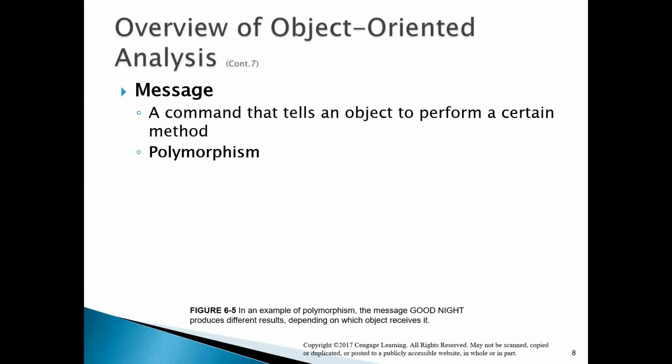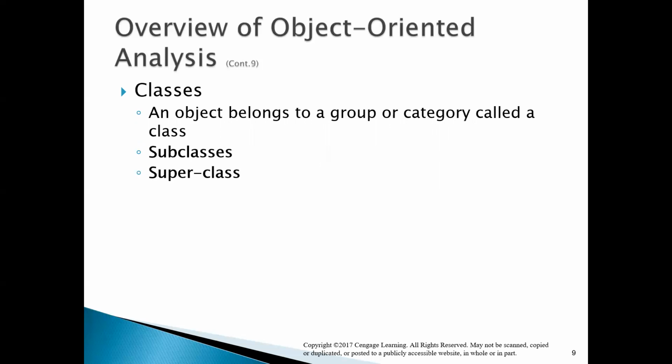Messages, on the other hand, is a command that tells an object to perform a specific method. Another concept that goes together with message is polymorphism. Polymorphism is a concept that a message gives different meanings to different objects. Classes.